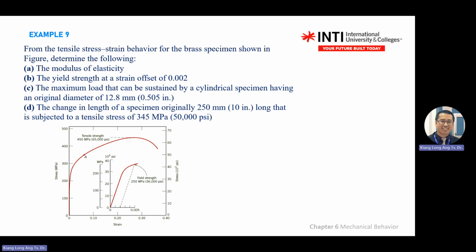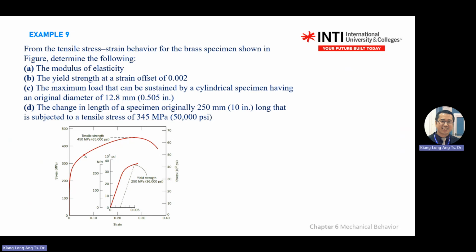You can pick any point on the graph, just read the axis carefully. In the middle you have megapascal and PSI. Don't read the PSI, read the megapascal. So here you read 200 megapascal.